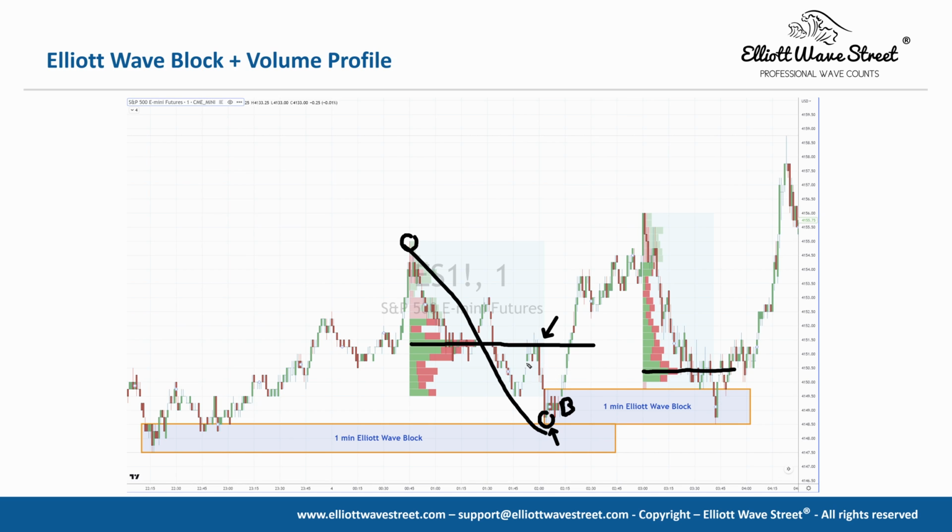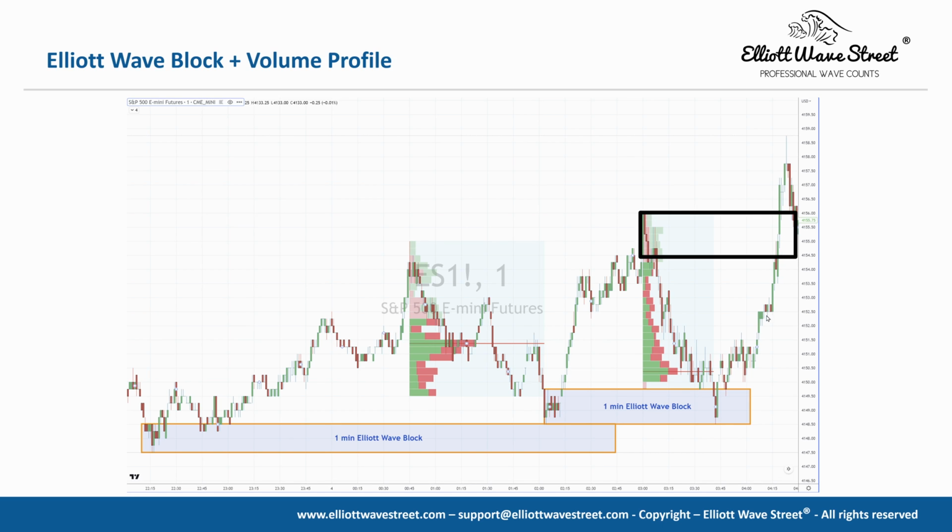Not as good as the first one, but we are buying below the fair price. It's still a good deal. That's it. If you have this Elliott wave block here, and the price crosses the Elliott Wave block and doesn't reject, you are not going to sell it.